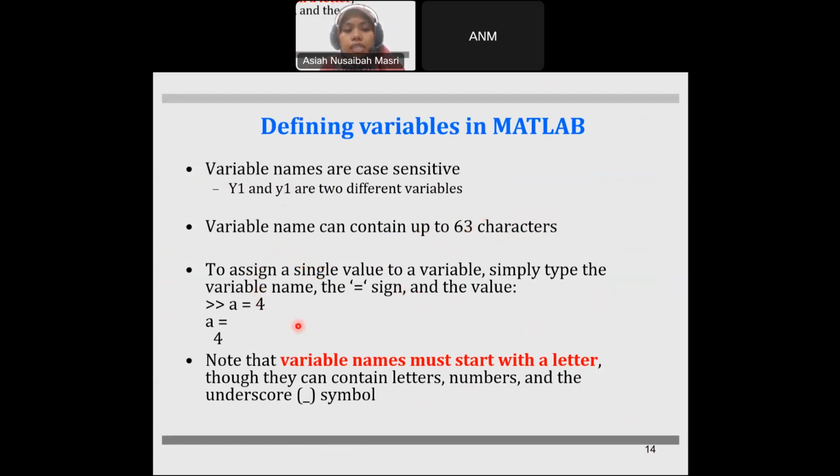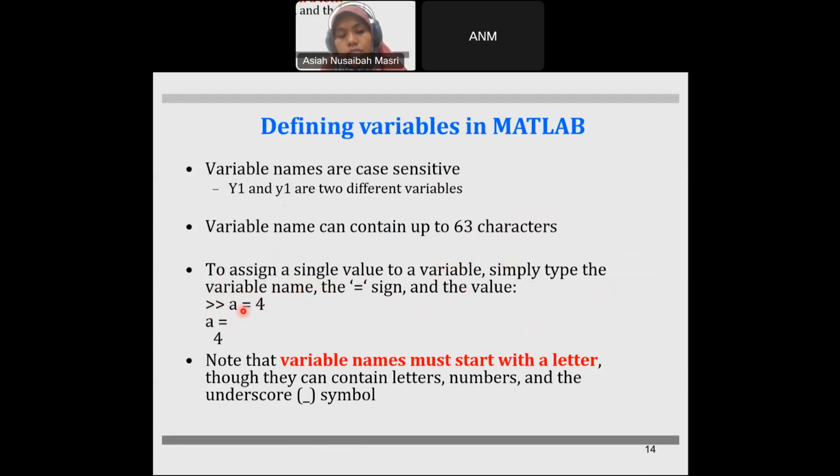Okay, and then how do we define it? Let's say you use a very simple variable name. So how do you key in? After the command prompt, the double triangle, you simply type the variable name, in this case A. You type the equals to sign, we're defining it, and the value.